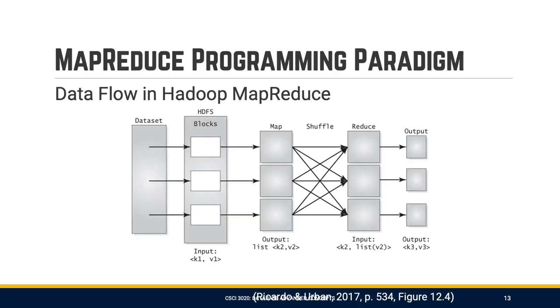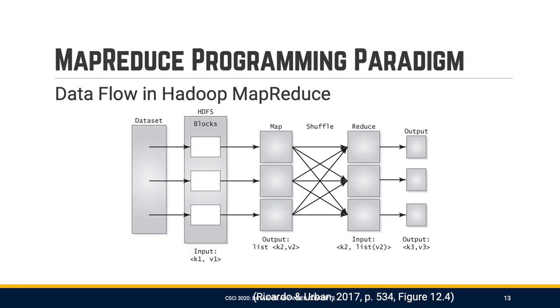So this diagram kind of depicts that. You have a data set that is distributed in Hadoop distributed file system across several blocks. So those blocks are then used to do an initial query. That initial query is the mapping that takes place.